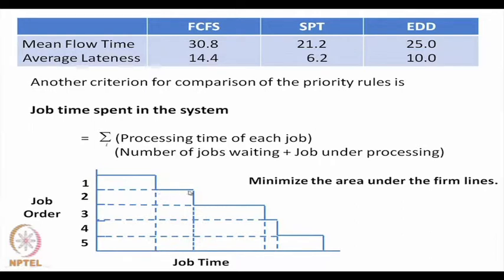Similarly, the next one, and the next one, and the next one. If all of these are added, this is the area under the flow lines, and one has to minimize that area. Once again, as I said, unfortunately there is no general solution to the n job m machine sequencing problem, but one can always use such priority rules and a trial and error method to get a feasible solution.